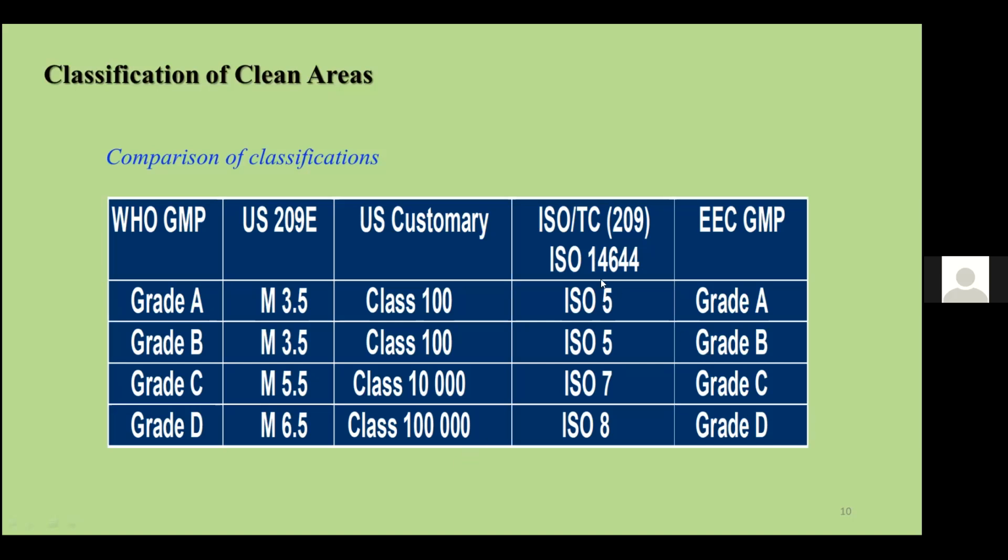ISO is ISO 5, ISO 7, ISO 8. And these are the German standards; they also measure in grades, grade A, grade B, grade C. So every country has a different standard, but mostly all over the world people use the US standard. Okay.